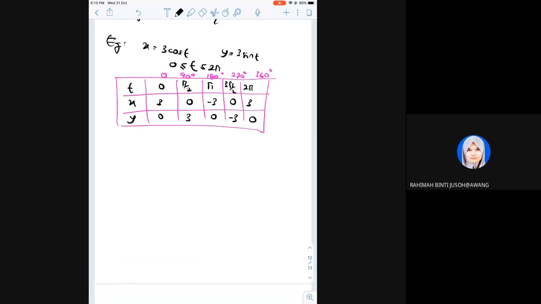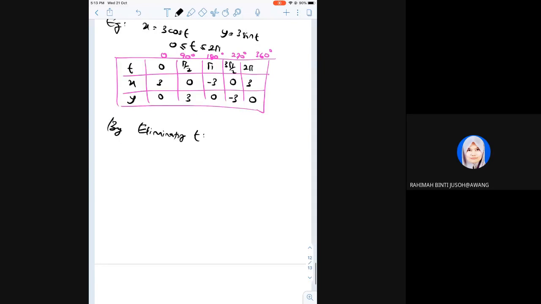Kalau by plotting, tadi by plotting, ni by eliminating t. By eliminating t, untuk case trigonometric, you kena pakai trigonometric identity. Okay. So, by eliminating t, x equals to 3 cos t, y equals to 3 sin t. Okay guys, x over 3 equals to cos t, and then kita ada y over 3 equals to sin t.